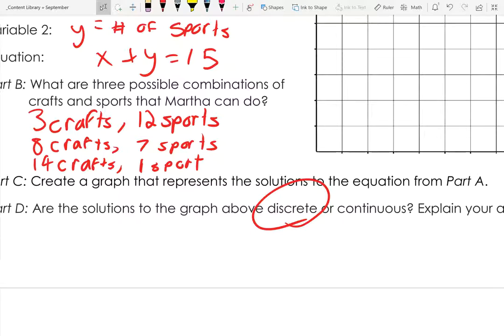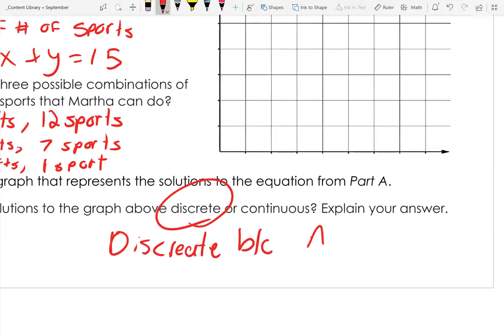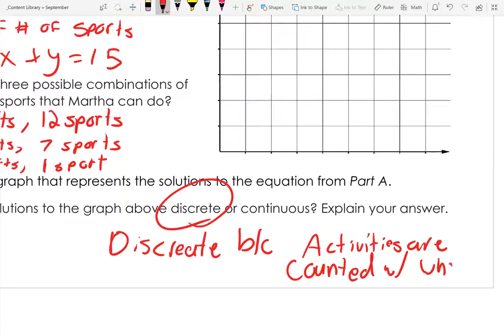So it's discrete because you can't have a partial activity, okay? Because activities are counted with whole numbers.